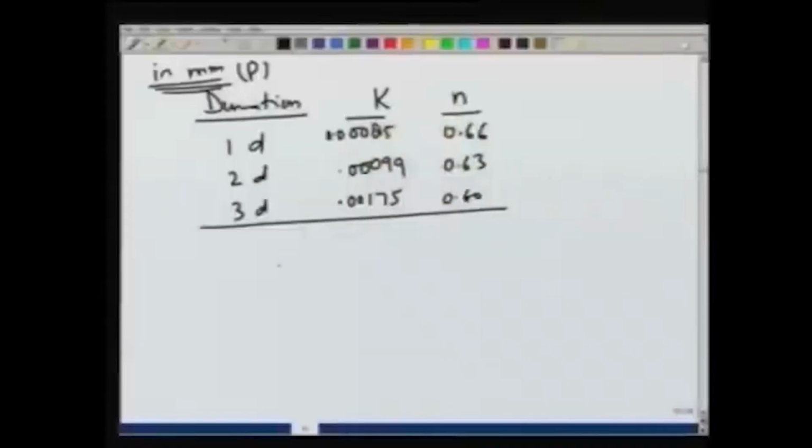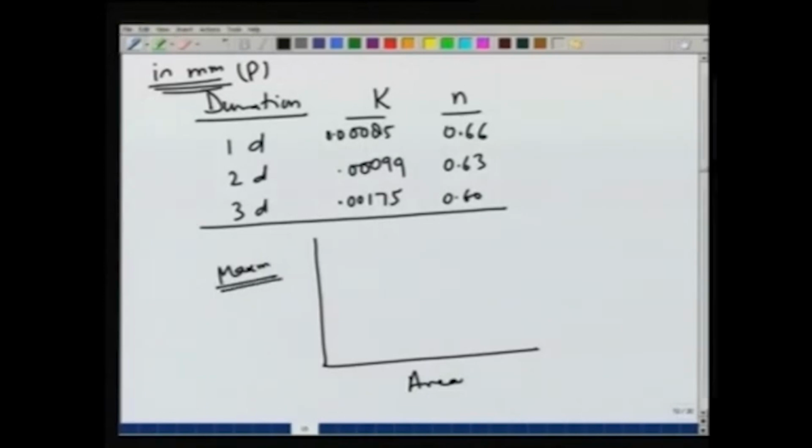The other thing which we can do is plot a curve which shows area versus maximum average depth, and this may be in centimeters, area in square kilometers, and this will depend on the duration of rainfall.